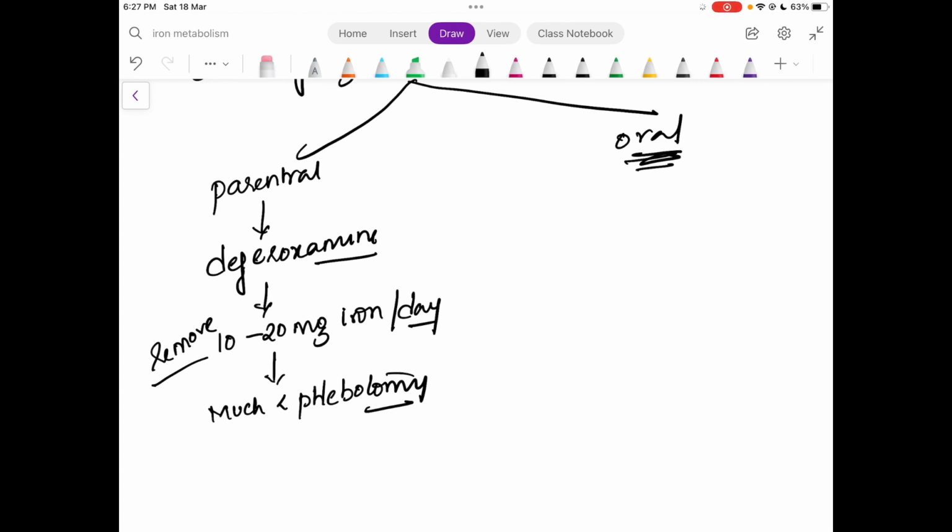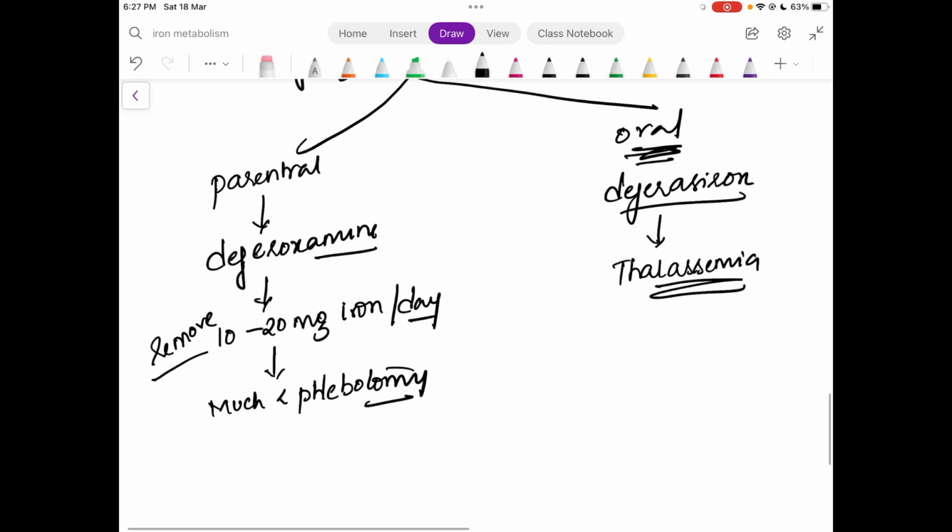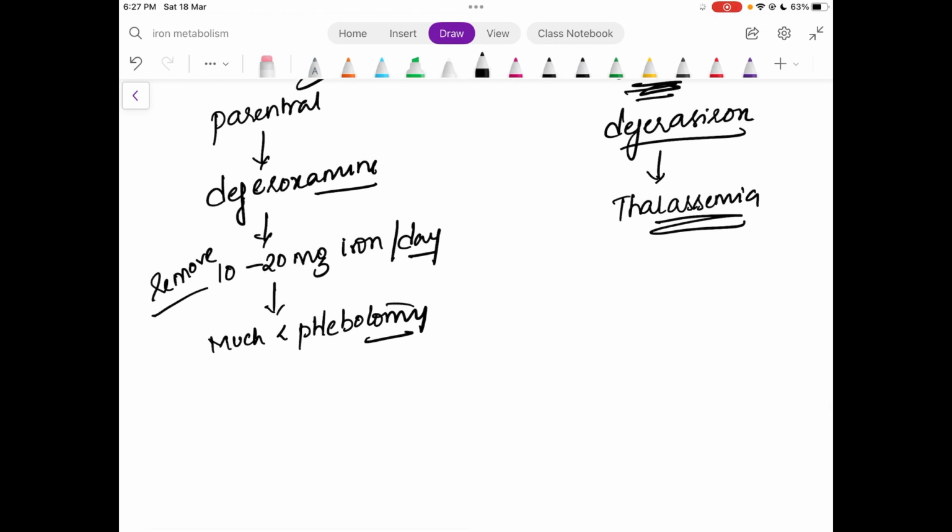The oral chelating drug is deferasirox, but it is not useful in primary hemochromatosis. It is useful only in secondary iron overload, such as thalassemia and other secondary iron overload conditions, for example parenteral iron therapy, and in sideroblastic anemia patients.